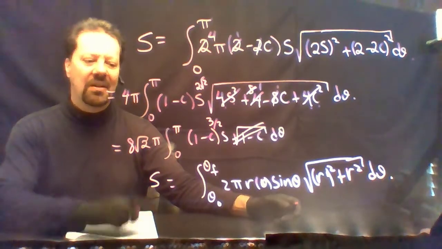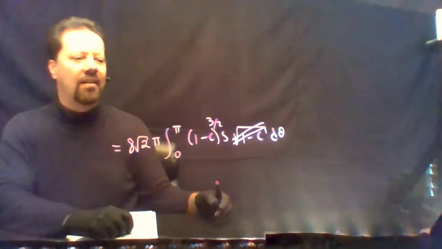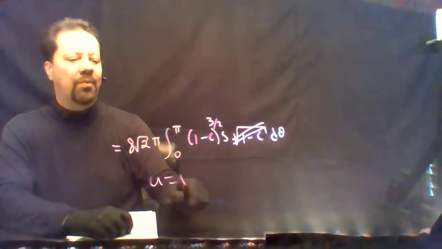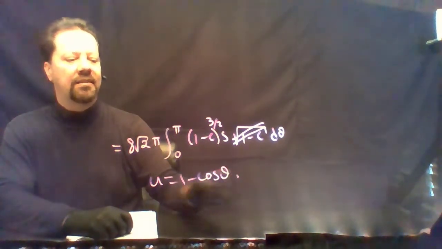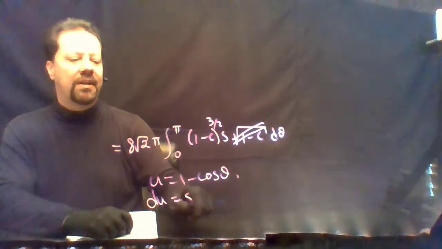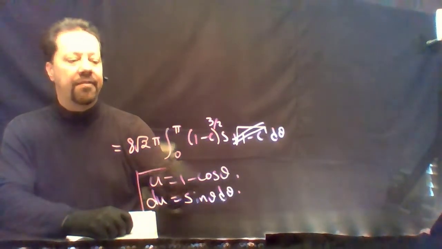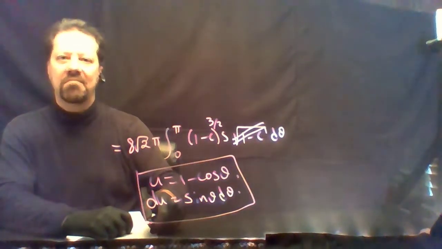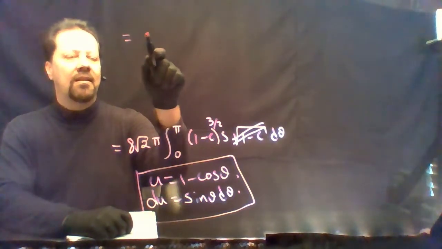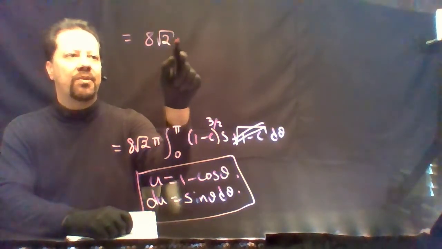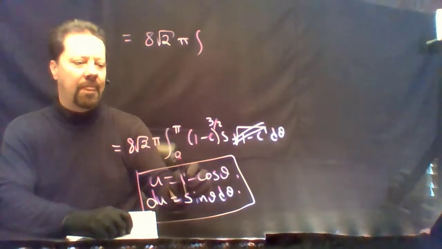We can then do a u substitution. If we set u equal to 1 minus cosine theta, then du is sine theta d theta, because the derivative of cosine is negative sine. We have 8 root 2 pi, the integral.